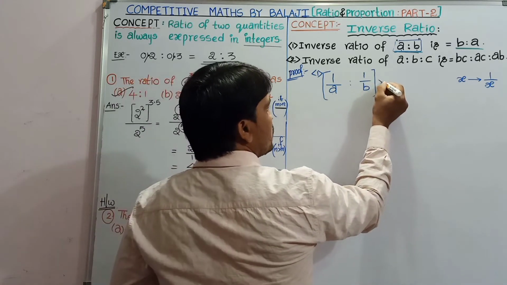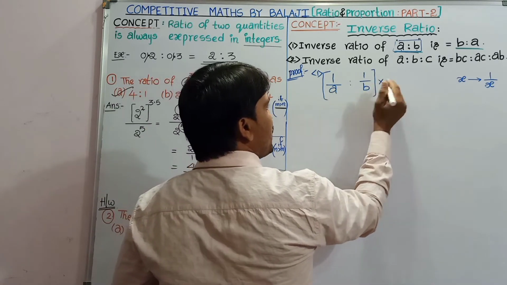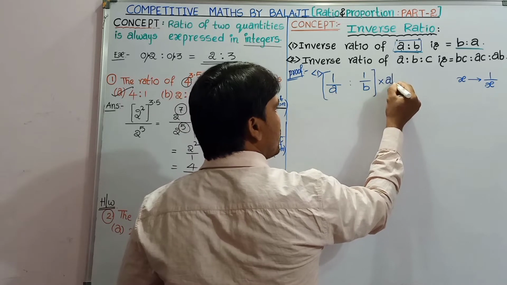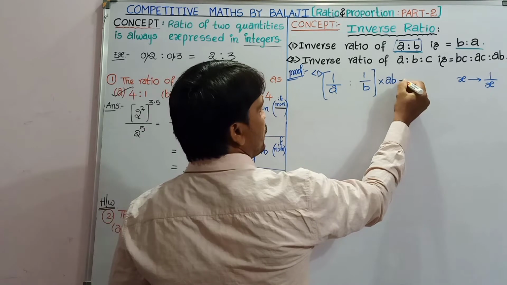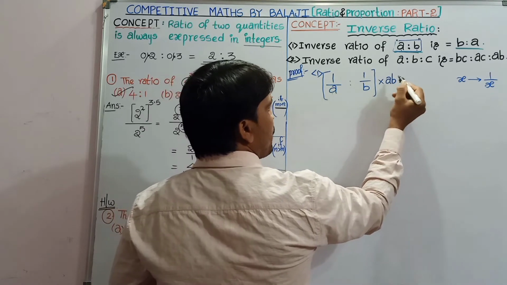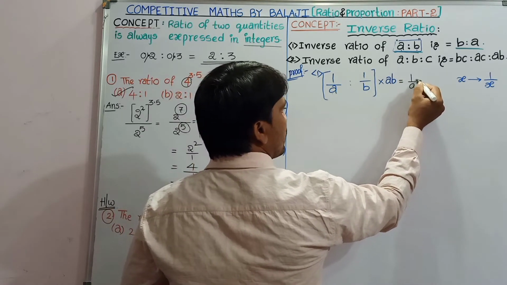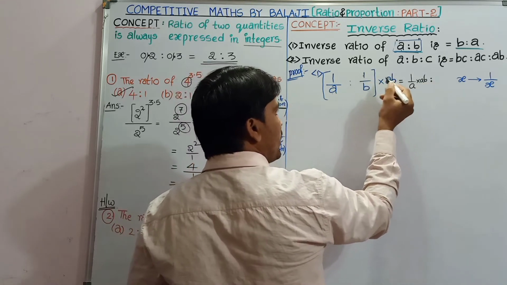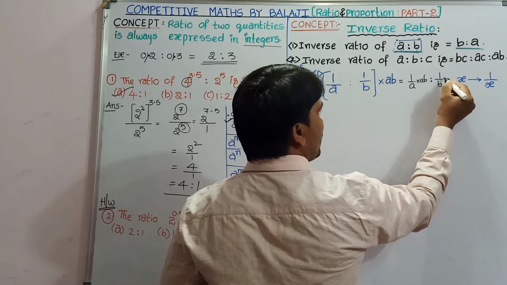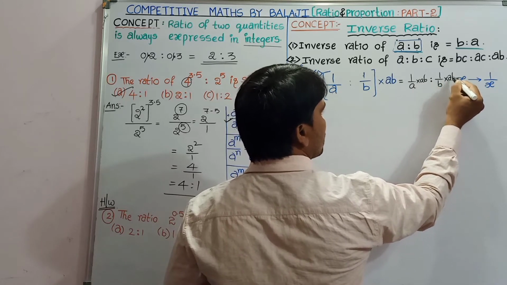The LCM of denominators A and B is AB. Multiply with the LCM of the denominators: 1 by A into AB is to 1 by B into AB.